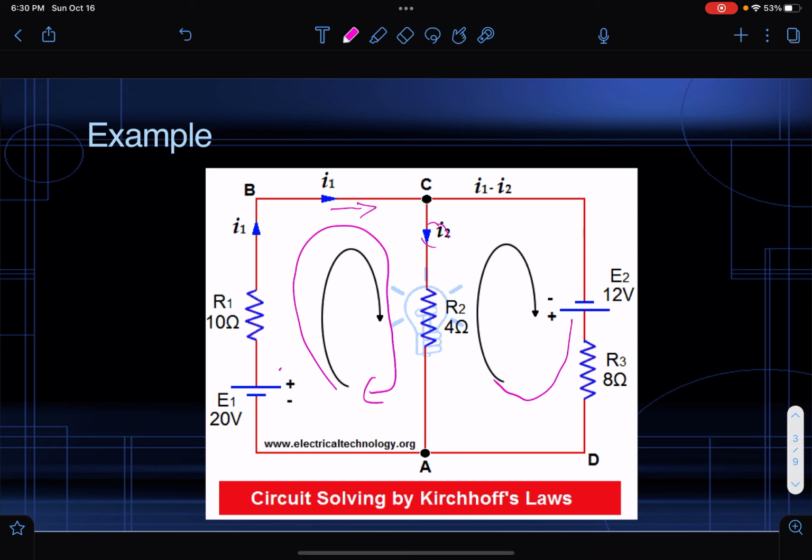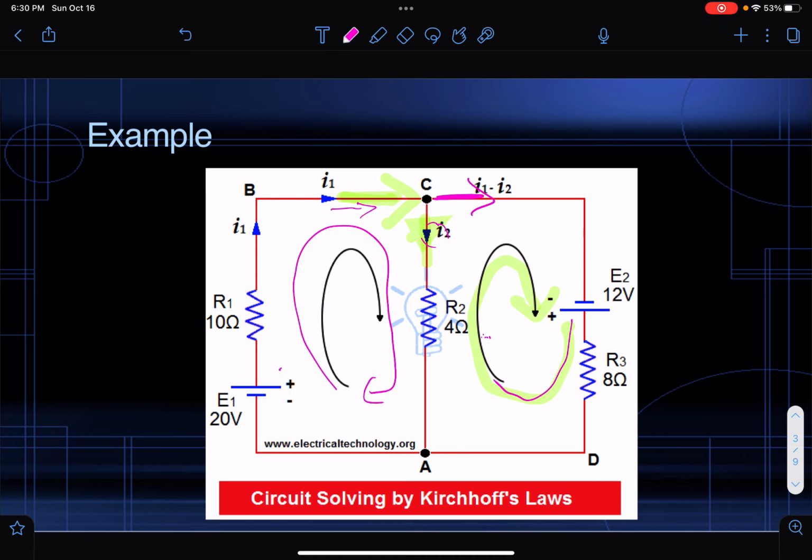This one I don't really like because it doesn't follow the way that I would draw it. The way I personally would write it is that I've got this current going in here, and based on the way it's drawn, I should have this current going in there, which means there's a specific current coming out.